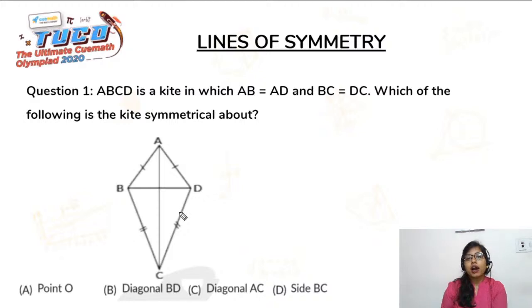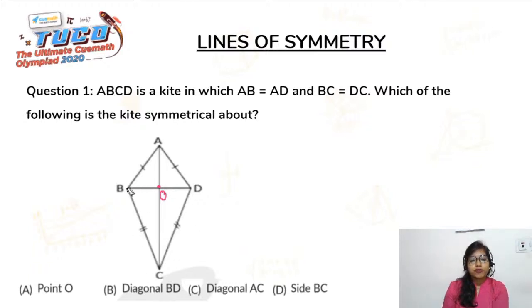They want us to tell whether this kite ABCD is symmetrical about point O. There is no point O given, but we can assume one. Is it symmetrical about point O? Well, that would be about rotational symmetry, wherein you rotate a figure with respect to its central angle.